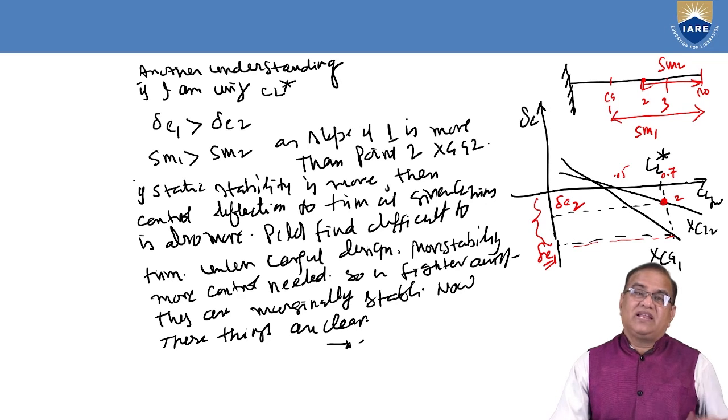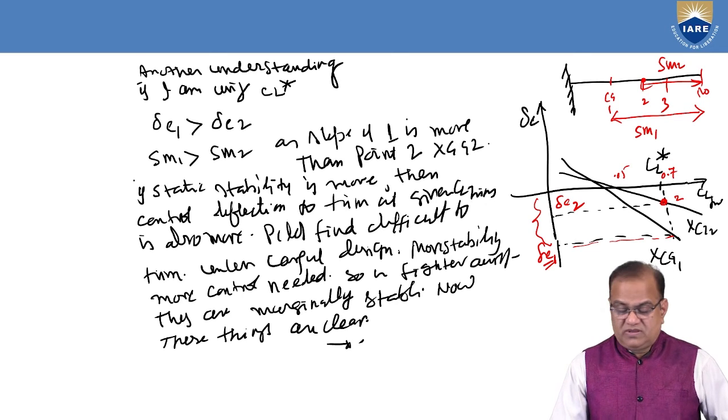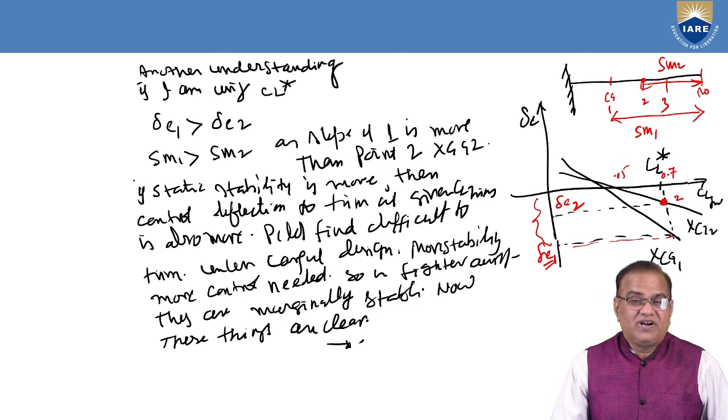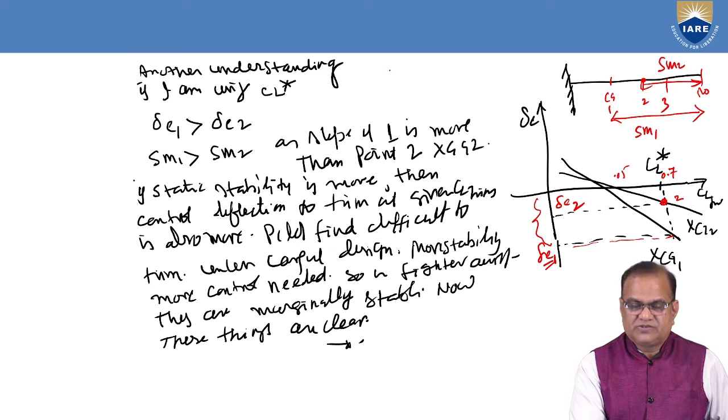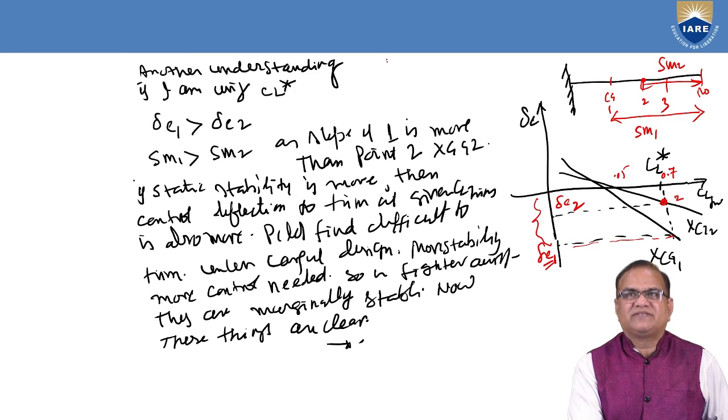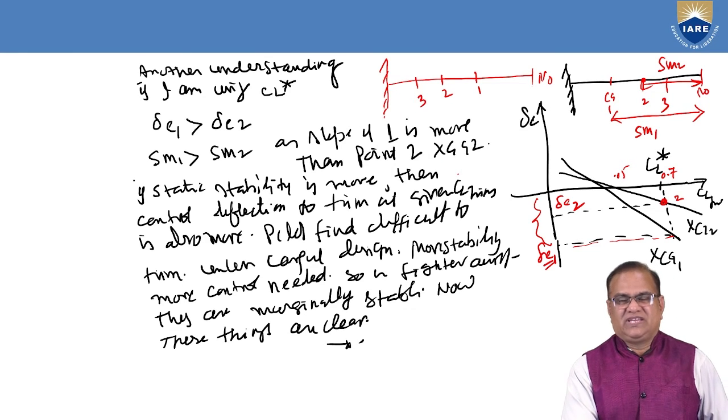So how much can we move the CG forward? Just I will show you here that this is the forward location and this is the neutral point. This is 1, this is 2 and this is 3.